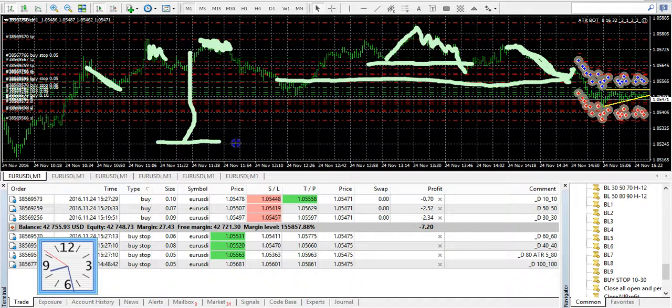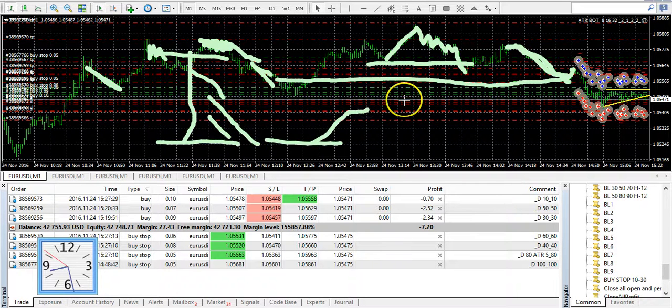So if the ATR is like this for the whole day, then yeah, these moves are possible. You know, 20% of that move, 40%, even 61.8 or whatever it is. The golden ratio.